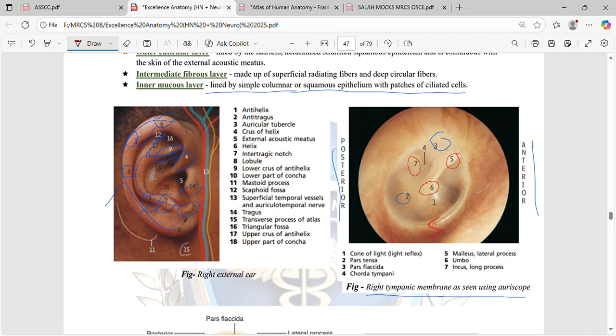Remember, the middle ear cavity has 3 bones: the malleus, incus, and stapes. Malleus, incus, and stapes.